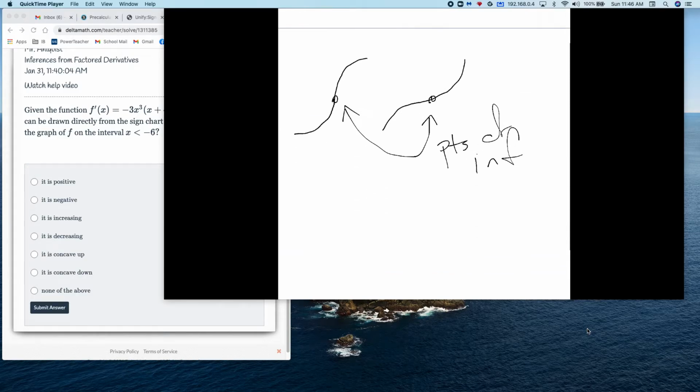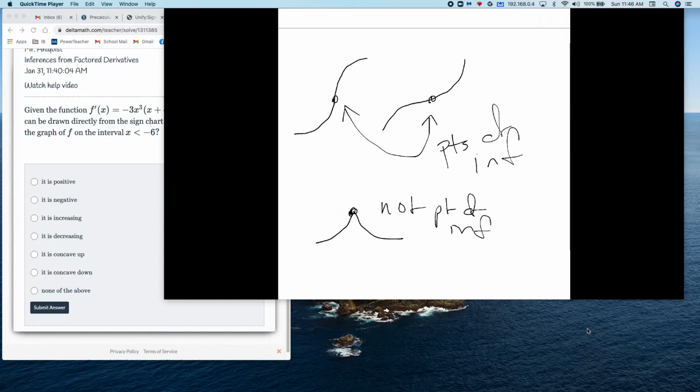Notice you could also have a point where you go concave up like this, reach that right there, and maybe like this. Now that is not a point of inflection because that's going from concave up to concave up.